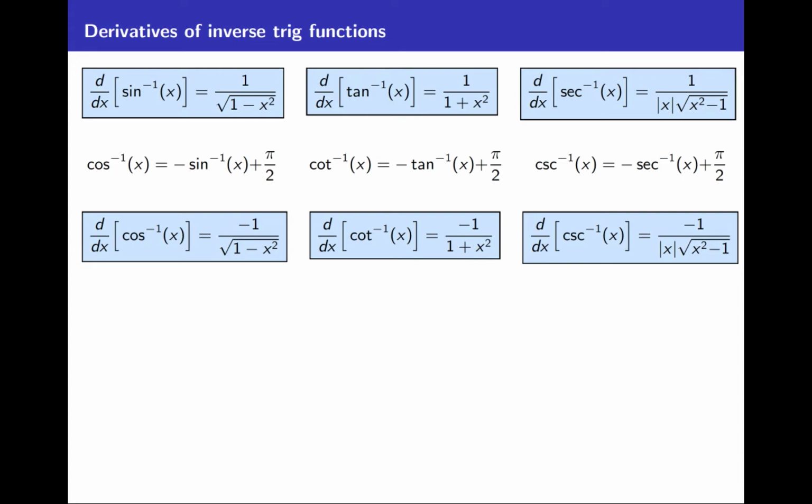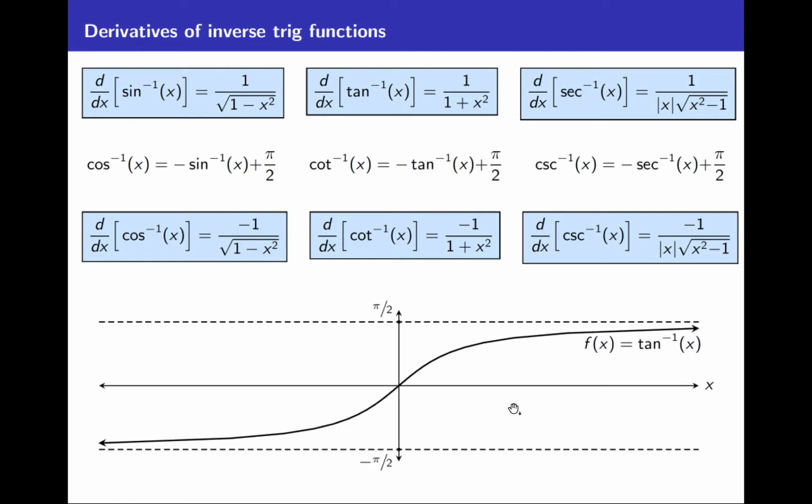So commit these rules to memory, get some practice with them, and also think about them. And as you work with them and think about them, you'll realize that they really do make sense and they conform to your expectations of what derivatives do and what they mean. Take, for instance, the derivative of tangent inverse of x, 1 over 1 plus x squared.